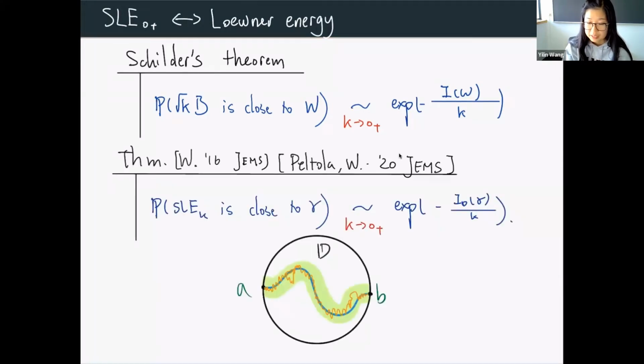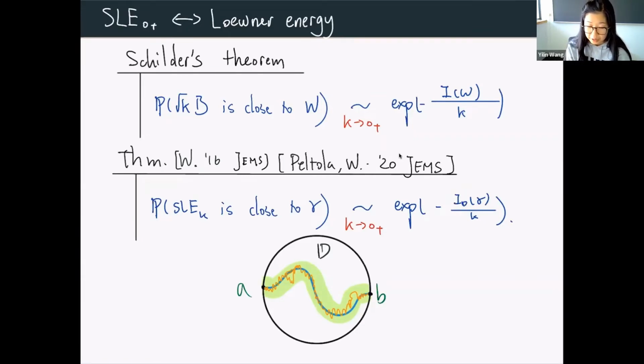And if we just translate that to the SLE language naively, this Brownian motion becomes SLE kappa, and the probability of SLE kappa being close to a given curve gamma decays exponentially, like exponential minus this Loewner energy of gamma divided by kappa.